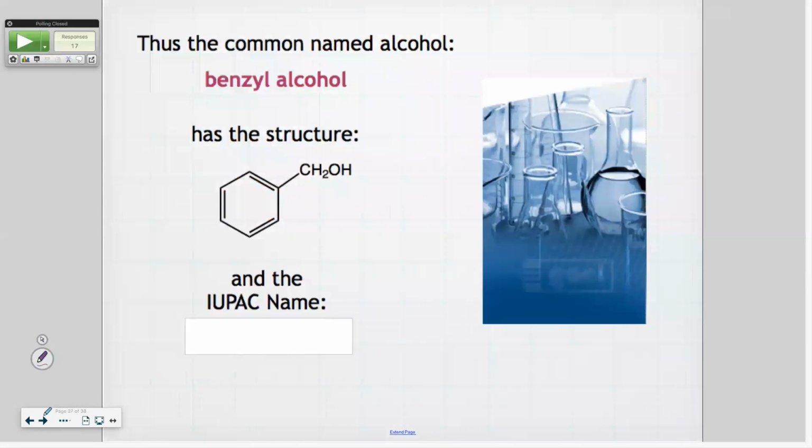The common name for benzyl alcohol has this structure. Notice how come it's called benzyl alcohol. But I want you to tell me, what is the IUPAC name for that? What do you think?